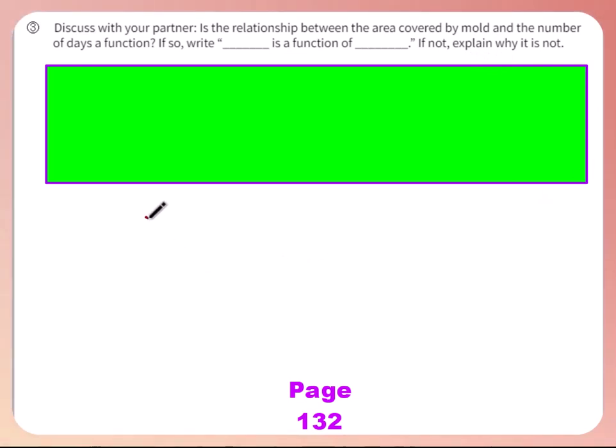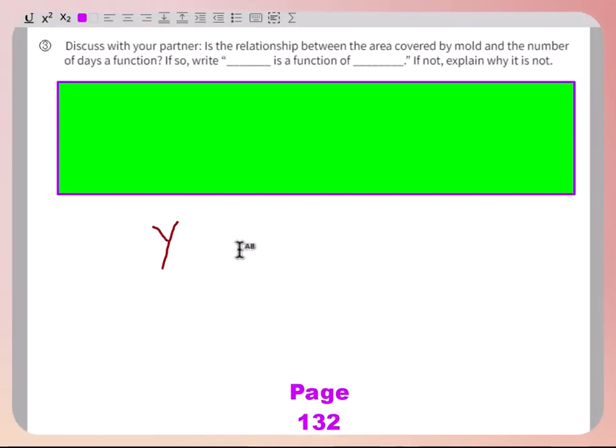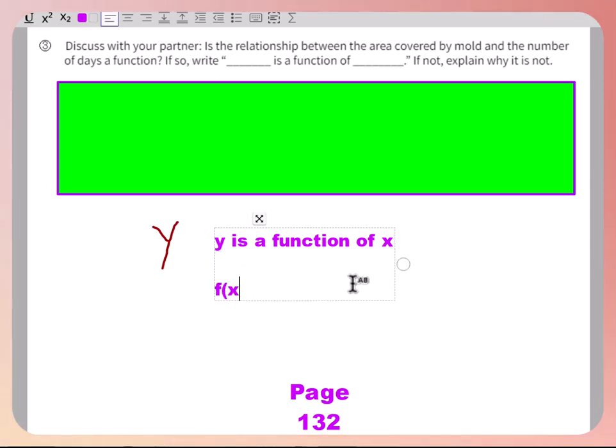So remember, I said y. Let me write it with text. Okay, y is a function of x. We usually write it like this. f of x equals some amount.